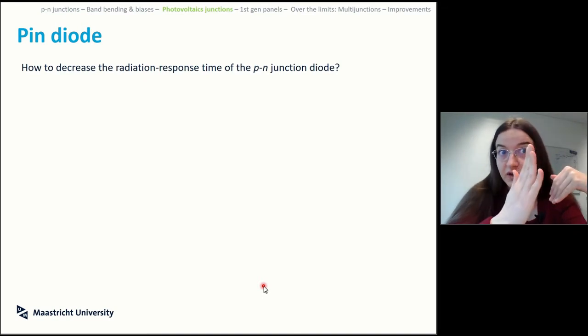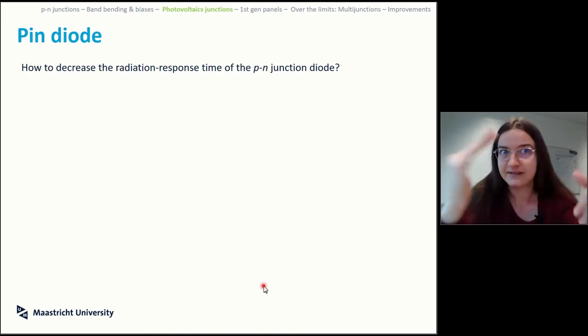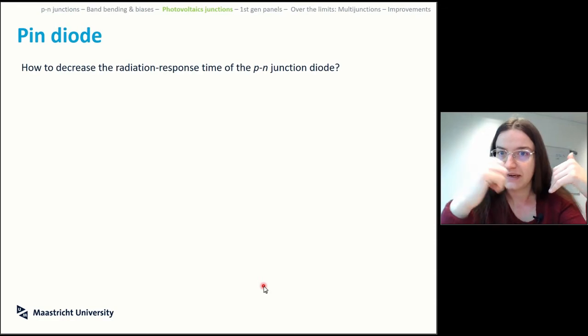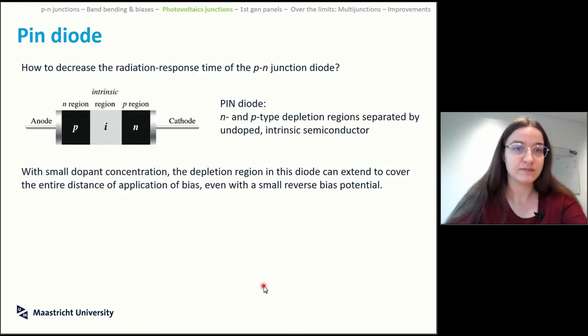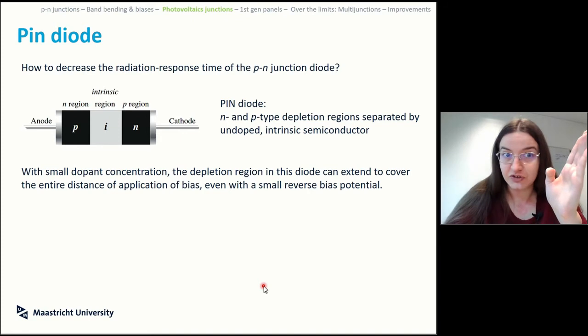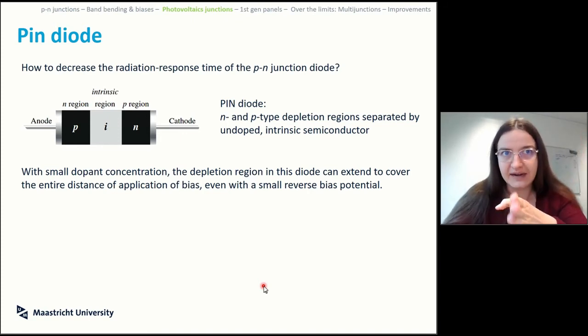The trick usually is to have layers that are different from just P and N. So for instance, something that works remarkably nicely is a pin diode. So you have the N region, an intrinsic region in between, and a P region on the other side.